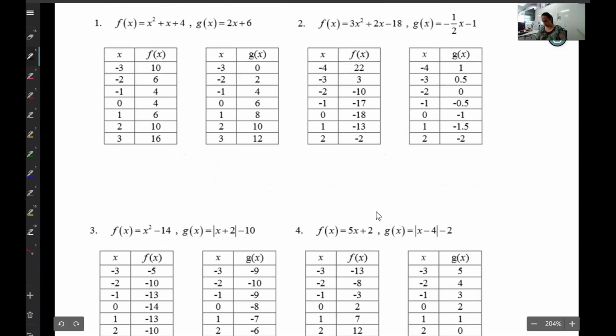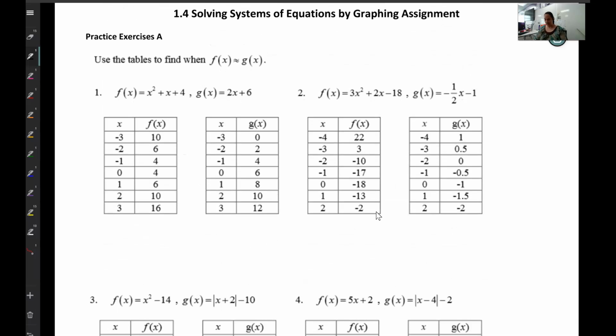Scroll to your notes right here. Practice exercises A. So if we look at number 1, look through the table, what points do they have in common? And we notice that these tables have -1, 4, the same. And they actually have another one, 2, 10, is also the same.